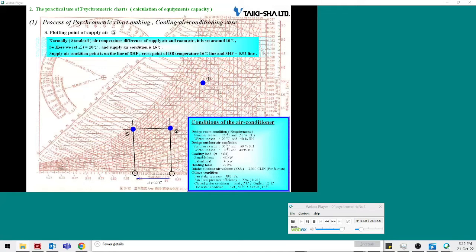Here, the outlet air temperature is set after the outlet air temperature difference was set at 10 degrees Celsius. The outlet air temperature difference is often set at 10 degrees Celsius but may not be necessarily set so. The relative humidity of the air at the cooling coil outlet is set to the value within the range of 85% and 95%.